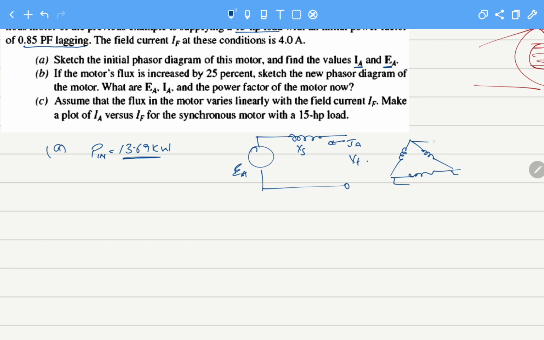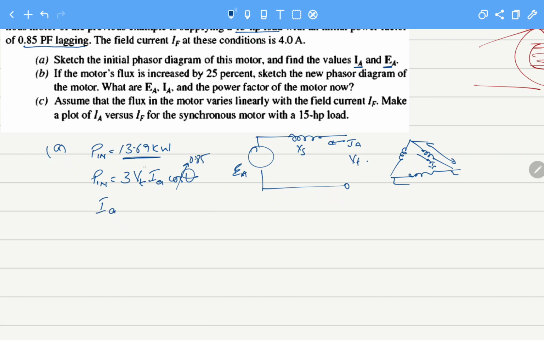For any three-phase machine, the three-phase power can be calculated by the formula P_in equals 3 times V terminal or V phase times I phase, that for our case is IA cos theta, which in our case is 0.85.